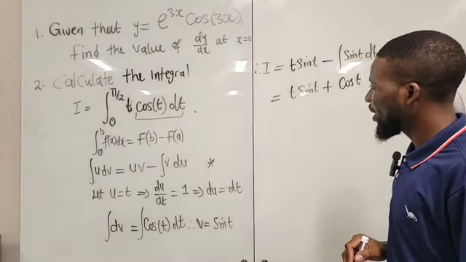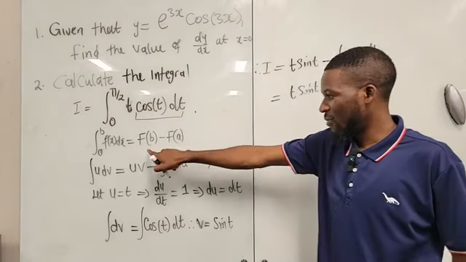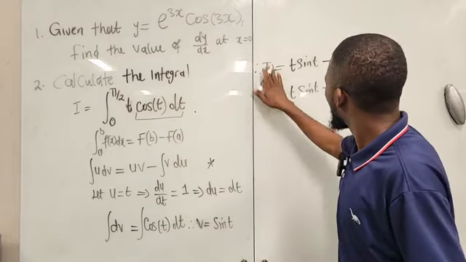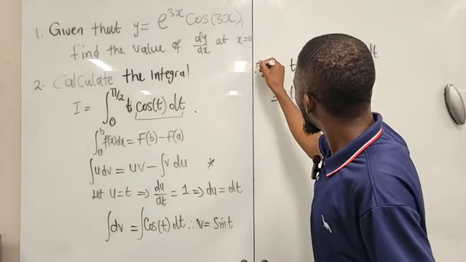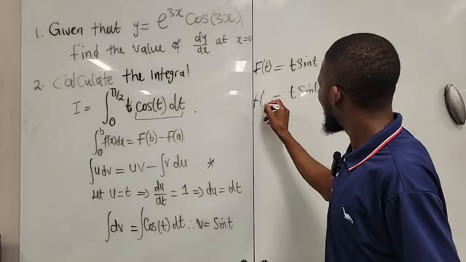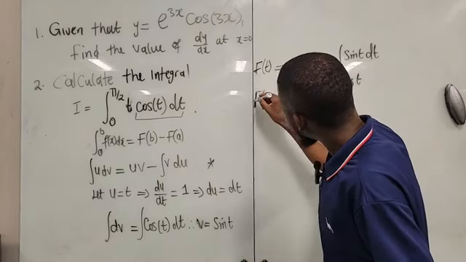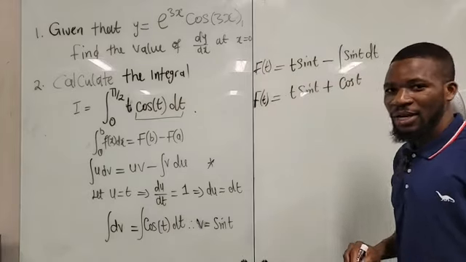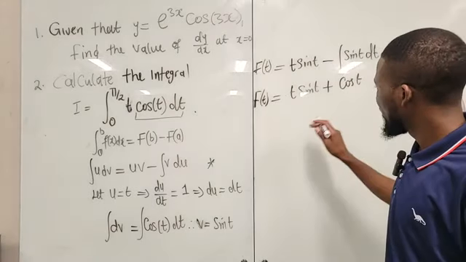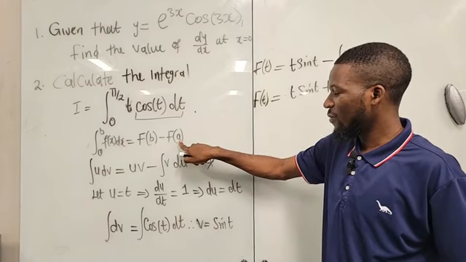Actually, I called this I, but I would have called it F. So this is F at t, capital F. Now we are going to find F of b minus F of a.